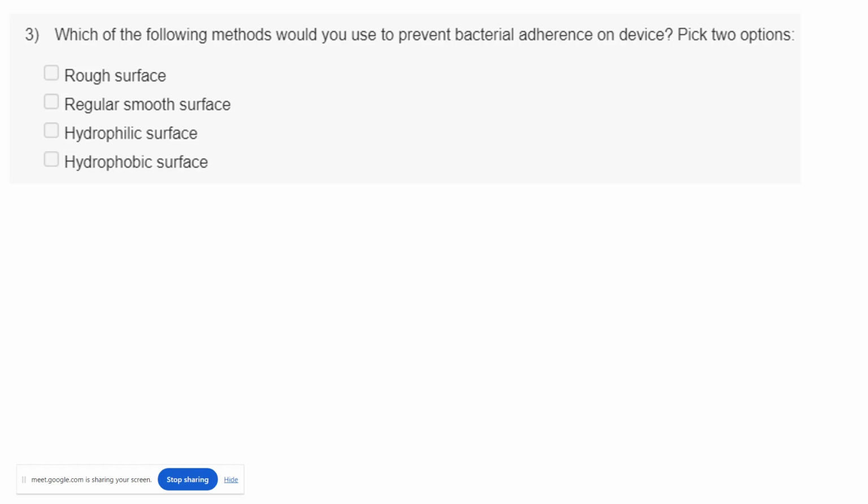Ma'am, regular smooth surface and hydrophilic surface. Okay. Anybody has any other answer?